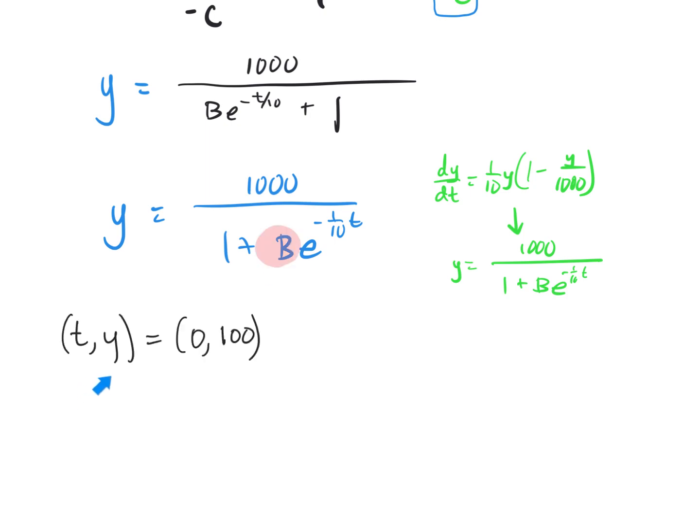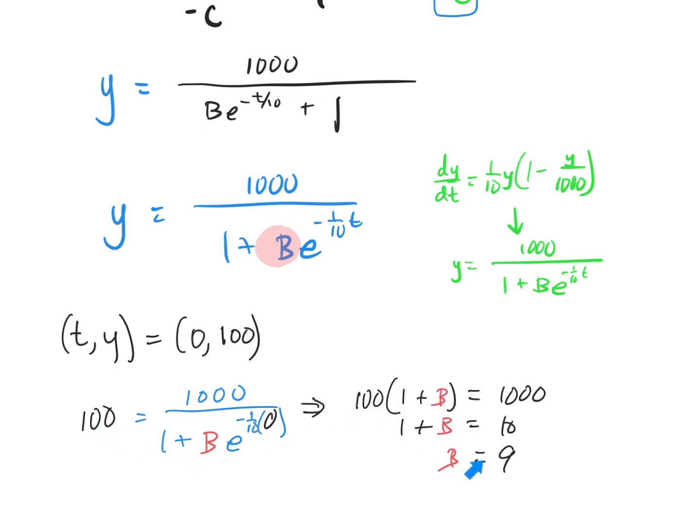All right, number 6 does say, in an isolated town of 1,000 inhabitants, 100 people have a disease at the beginning of the week. So what they're saying is at time 0, there's 100 people with the disease. So we can use this information to find the constant b. And e to the 0 power is 1, so we have just 1 plus b in the bottom.